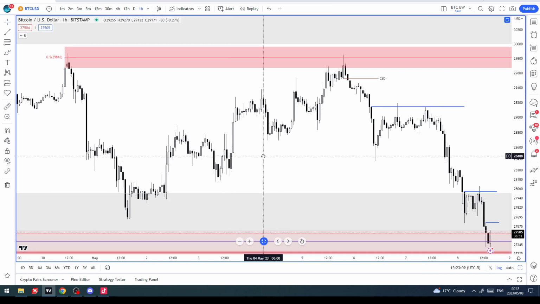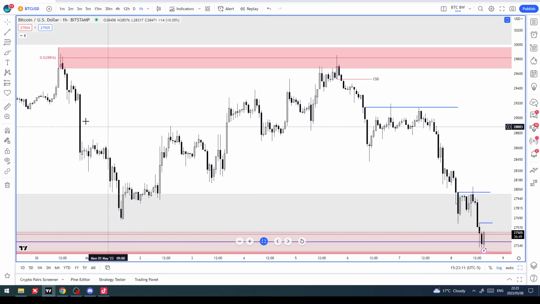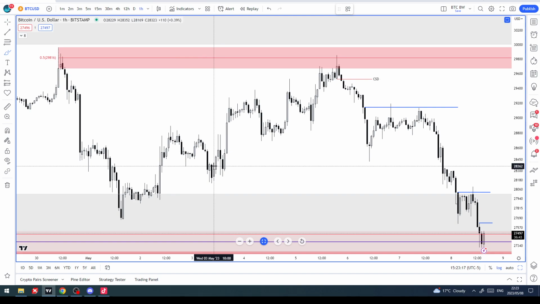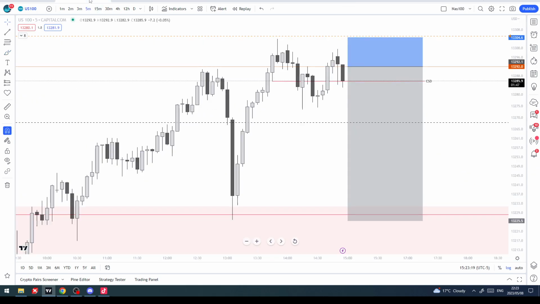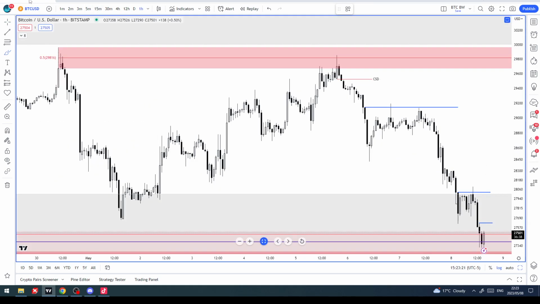The whole idea with market structure shift is, if you are bullish, any bullish fair value gaps that are being formed should contain price or support price to move higher.